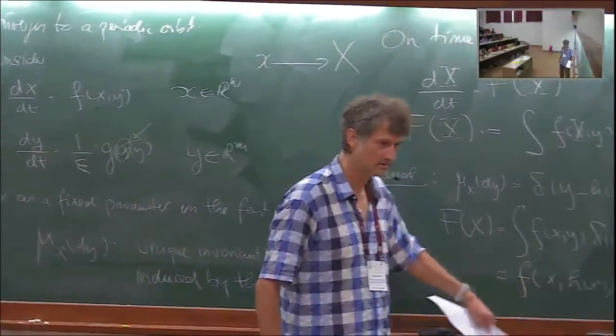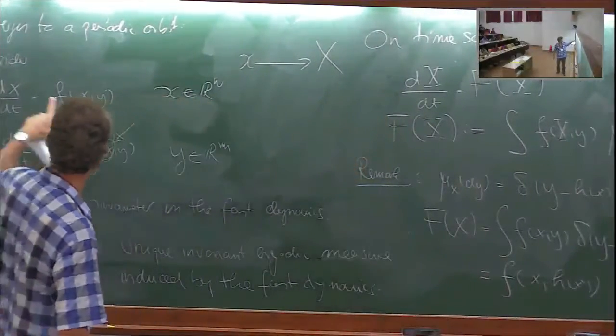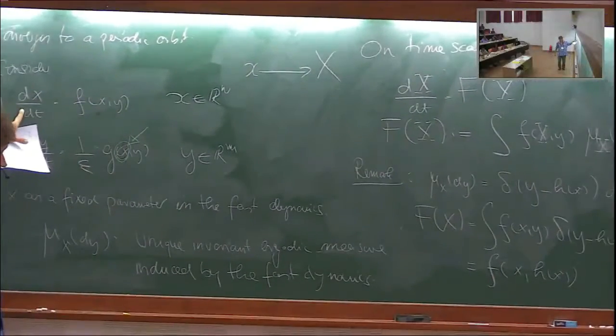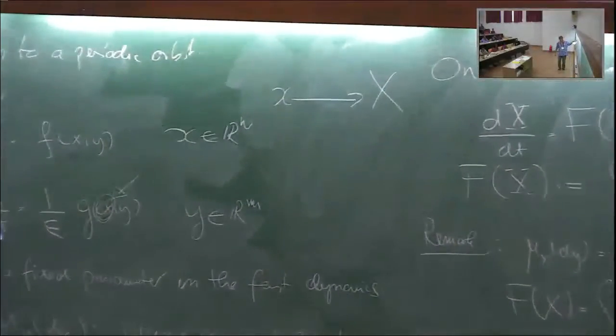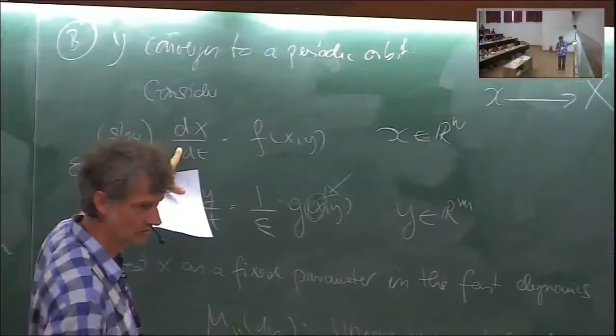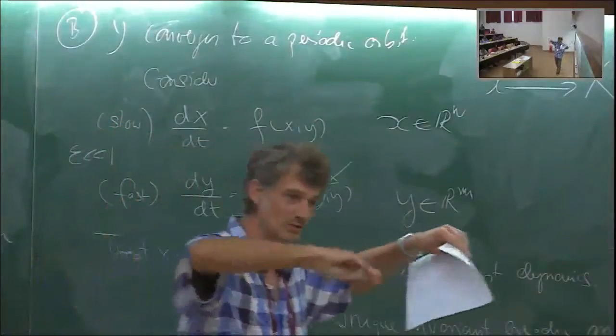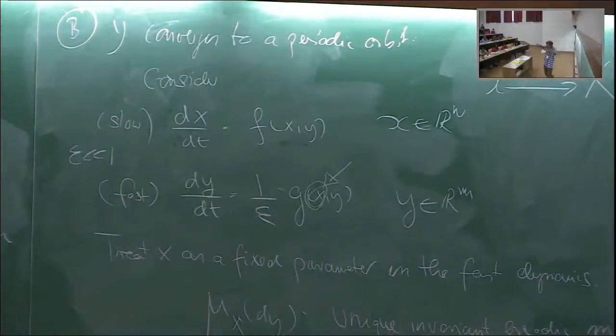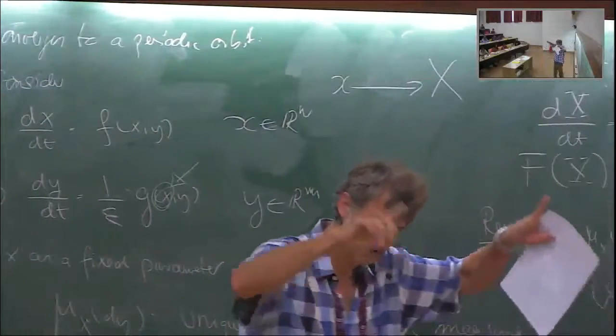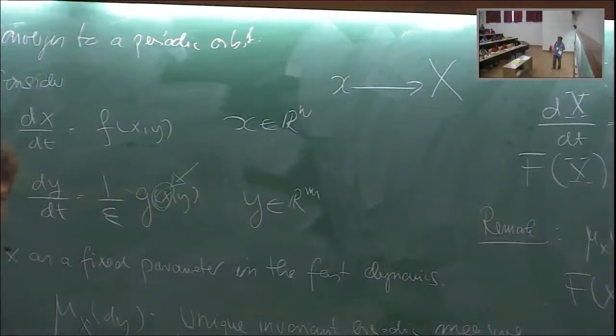The dynamics of x, the solutions of the capital X, they're close. So the supremum norm, for fixed t, small x of t minus capital X of t is bounded by something, epsilon. Okay.